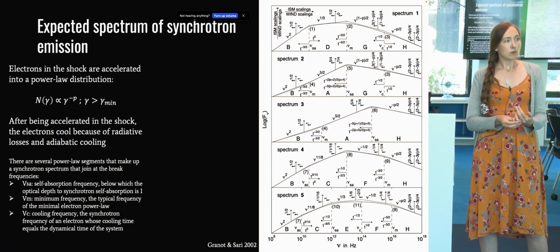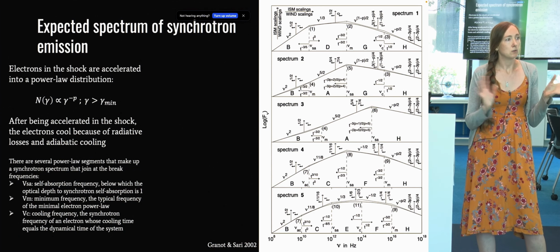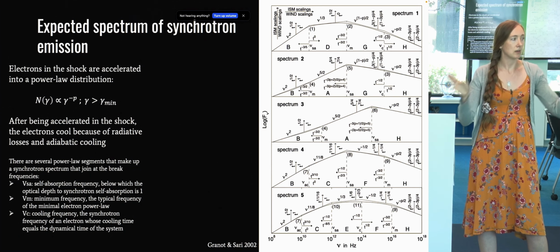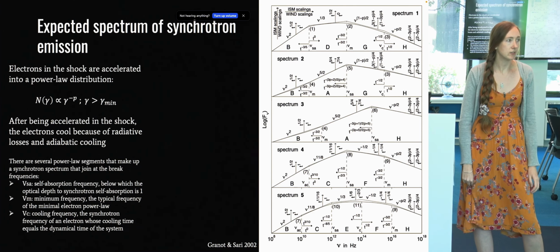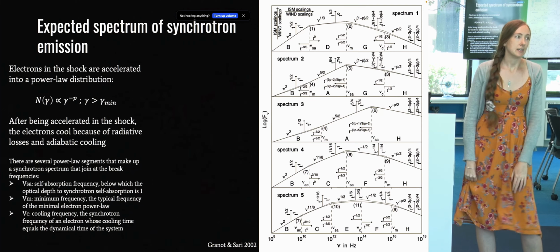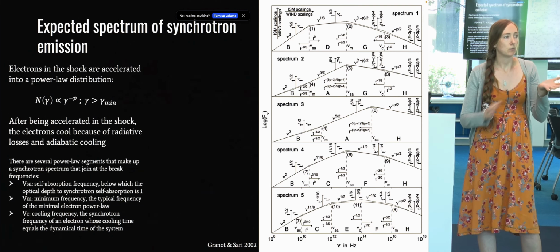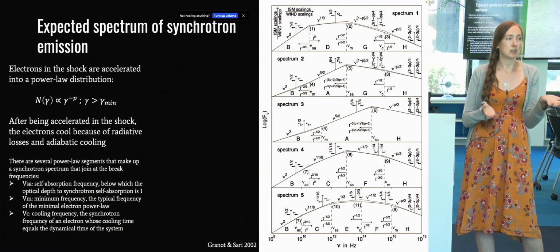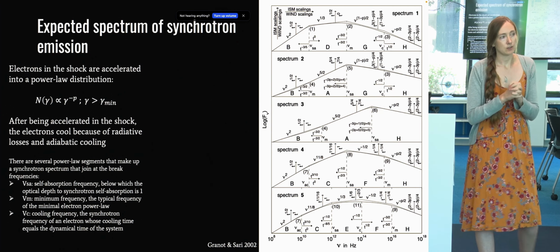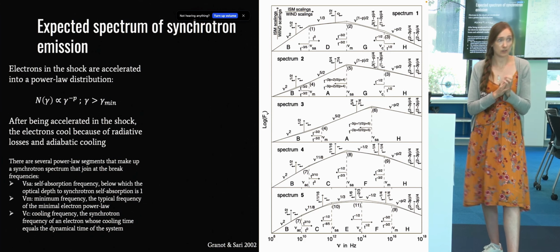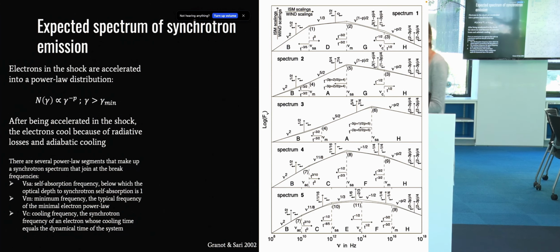Then we have a minimum frequency, so the typical frequency of the minimal electron power law. So they don't emit at all frequencies. They drop off at some minimum frequency. And then we also have the cooling frequency, which is the frequency where the cooling time equals the dynamical time of the system. So again, you'll get a bit of a drop off on the spectrum depending on where the cooling time is.